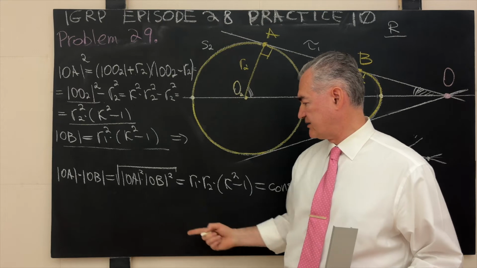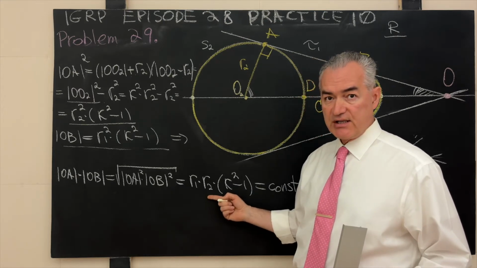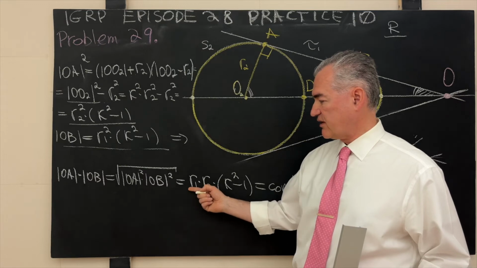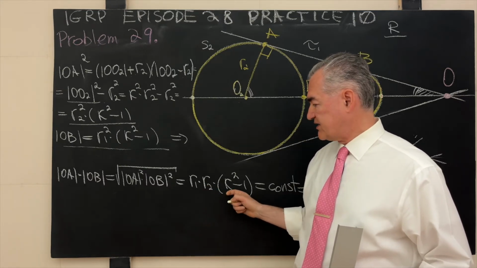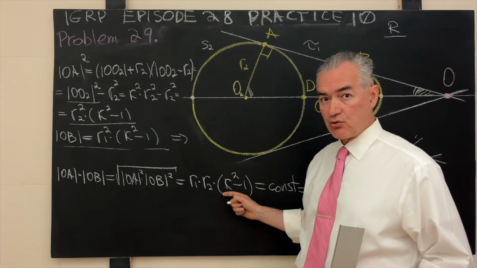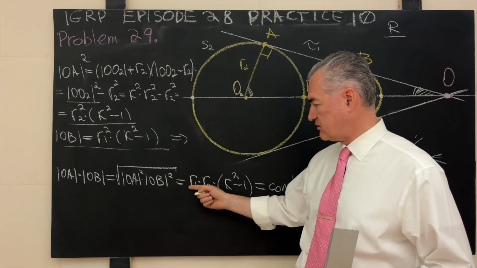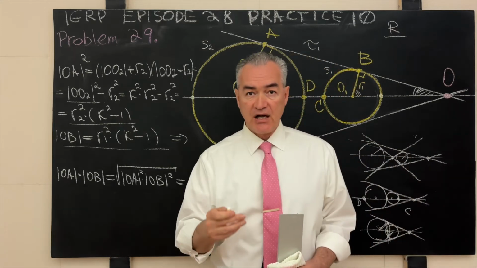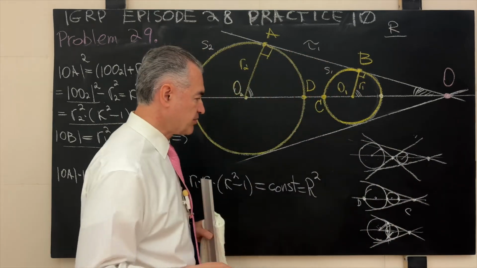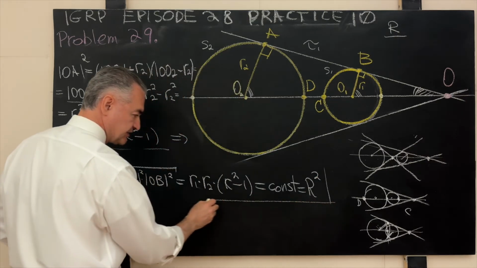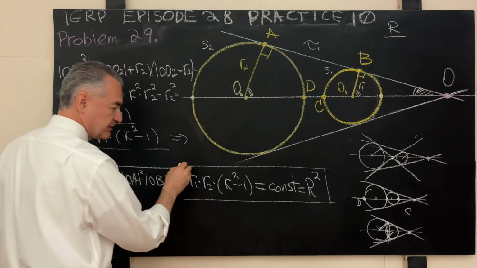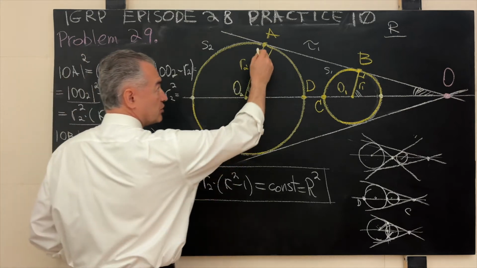And once we take the square root, we will have the same expression that we had a few seconds ago in the previous segments: the length of the radius R1 times the length of the radius R2 times the square of the coefficient of homothety minus 1. Again, all these numbers are constant, and not only that, that is precisely and exactly the same constant that we obtained in the previous segment. So this particular relation holds for the points A and B.